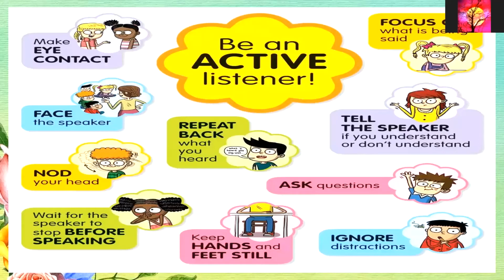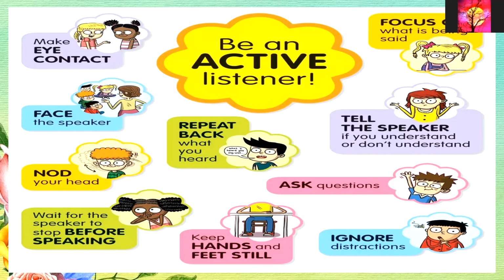So, very briefly, let us just have a look at all the various verbal and non-verbal signs of active listening which we have been discussing. So, we need to focus on whatever is being said. We need to tell the speaker whether we have understood or have not been able to understand certain points.